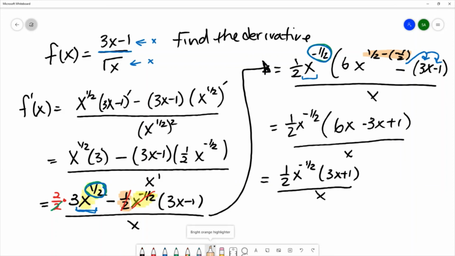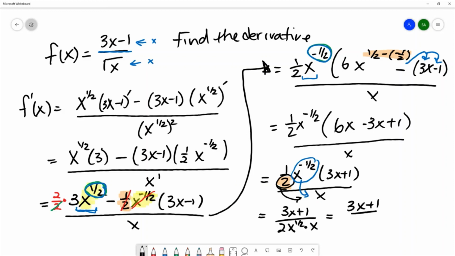And then I can move this 1/2, move this denominator of 2 down. And then because this has a negative exponent, I can also move that factor down. So I would have 3x plus 1 over 2 x to the 1/2 times x.